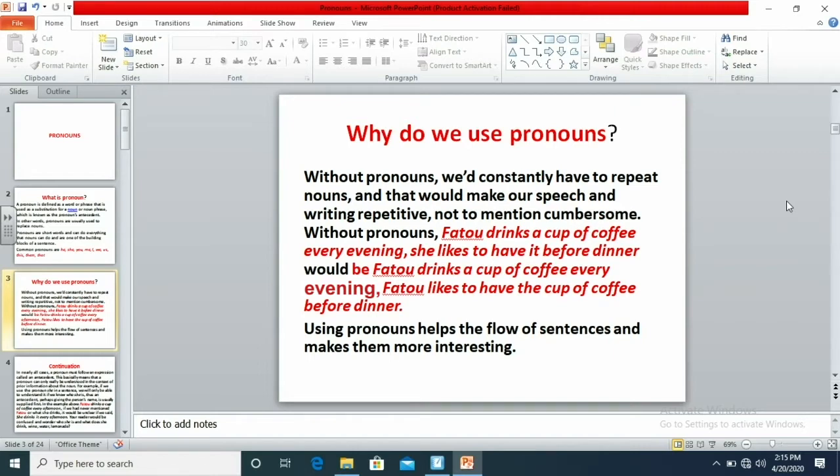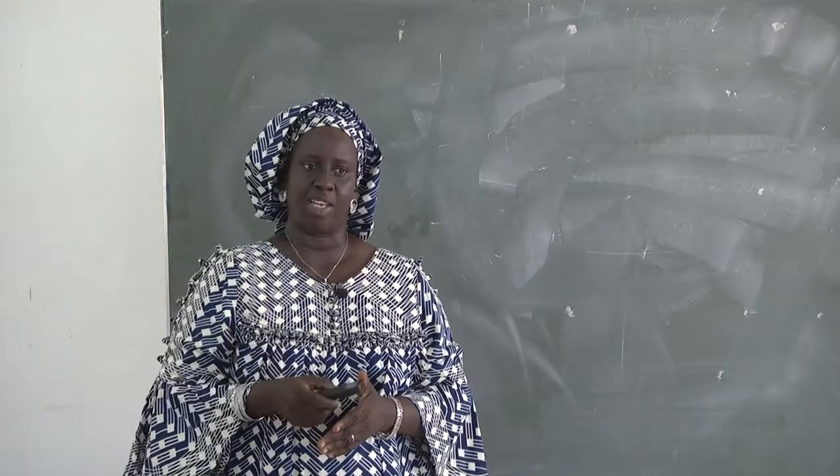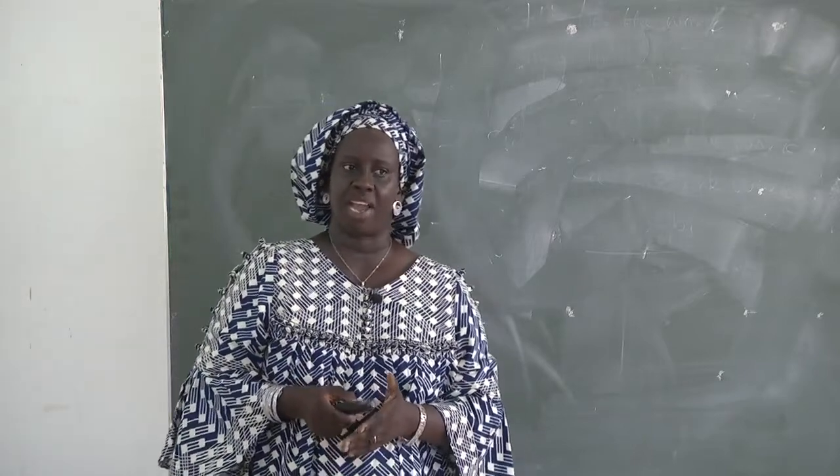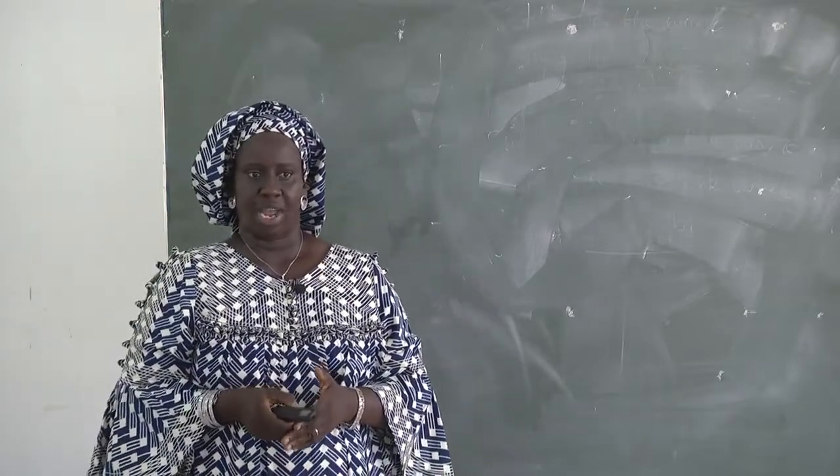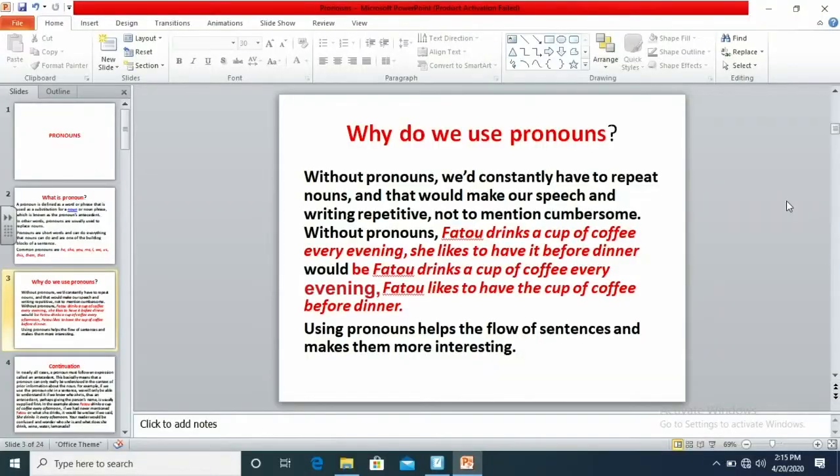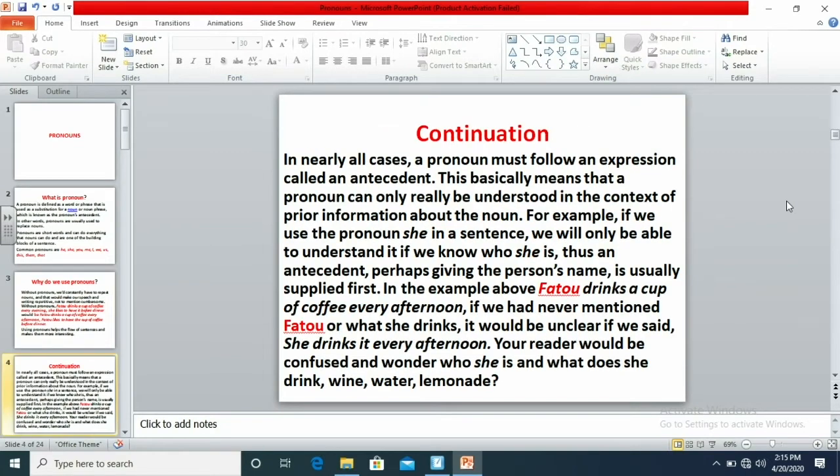If we had to say that sentence without using pronouns, it would have to read as, Fatu drinks a cup of coffee every evening. Fatu likes to have the cup of coffee before dinner. You see how cumbersome the sentences look? Because we keep repeating the noun Fatu. Using pronouns helps the flow of sentences and makes them more interesting.